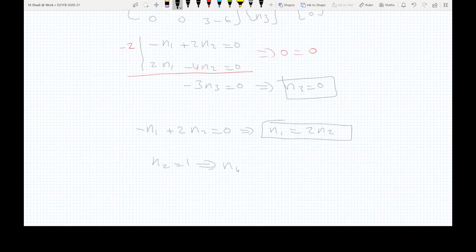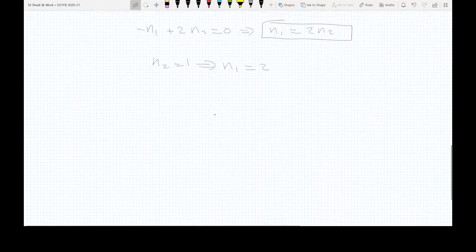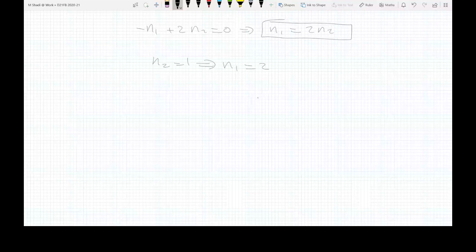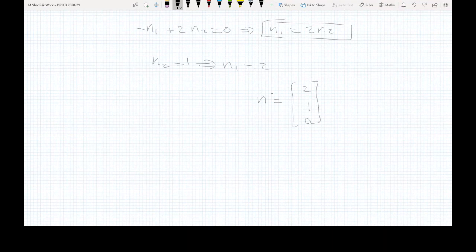This will give me n1 is equal to 2. So I'm just going to write the vector now. N is n1 is equal to 2, n2 is equal to 1, and then the third component is 0. So this is the eigenvector which corresponds to lambda equal to 6.